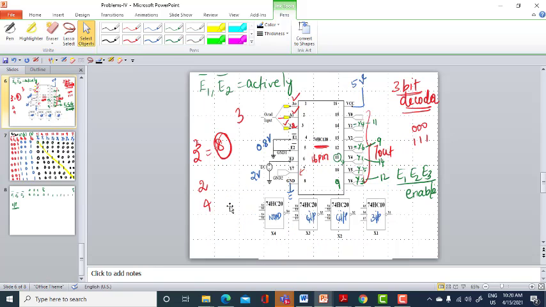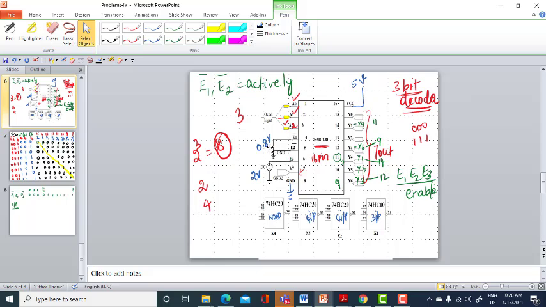So let me go here, 74HC138. You have enable signals. I already said that only if you give an enable signal will your decoder be active, and then your input will be transferred to the corresponding output. You have three enables, two of them, E1 and E2, are active low signals.